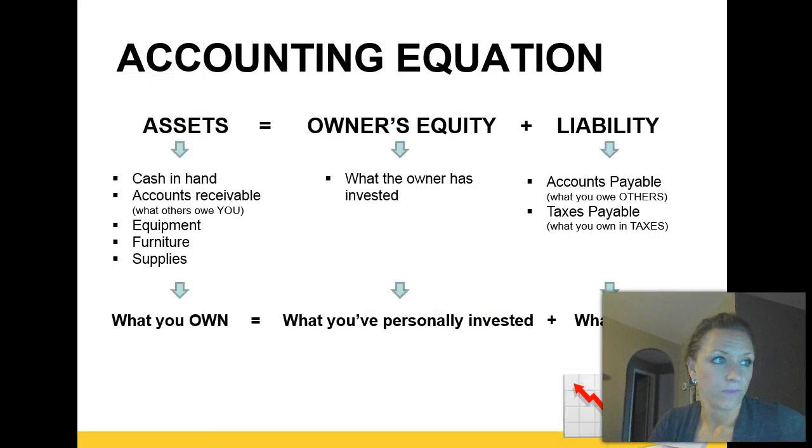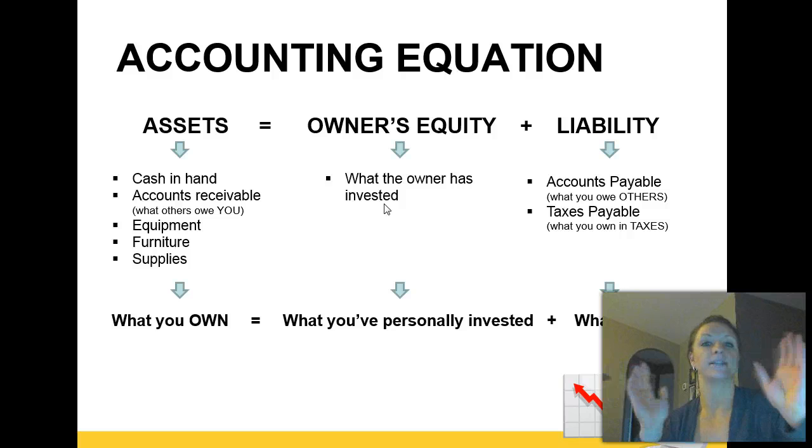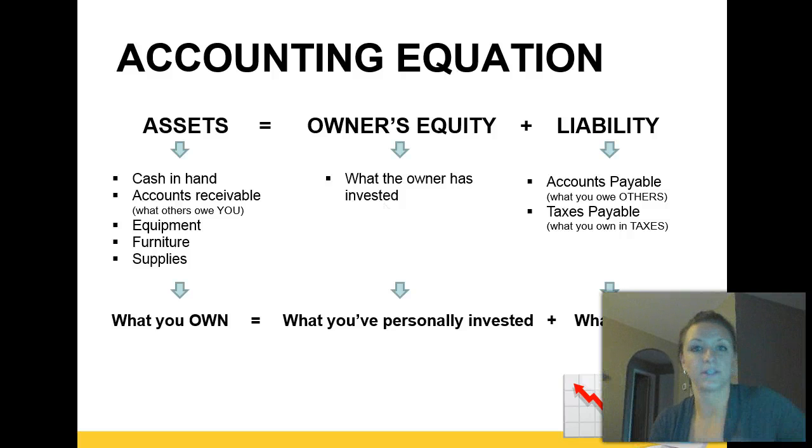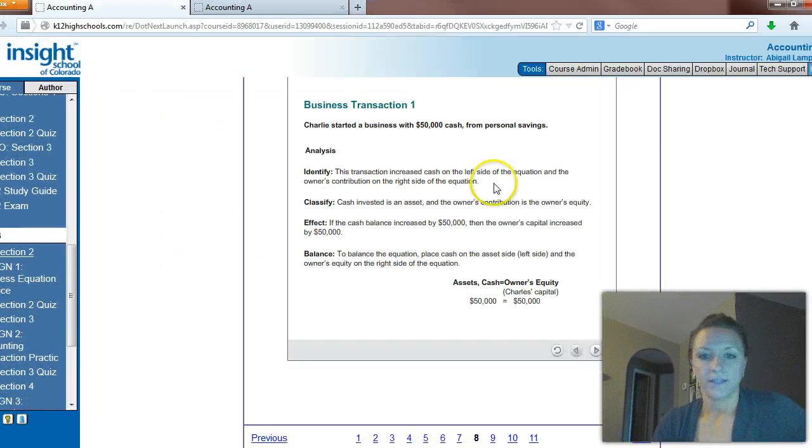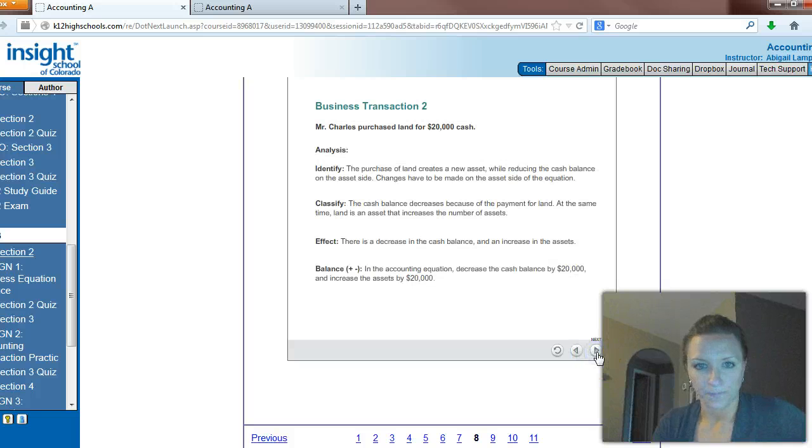So again, he invested $50,000, so that increases our cash on the left side and it increases our owner's equity on the right side. So both sides of the equation are increasing by $50,000, so that leaves it equal. Okay? So that was business transaction 1.